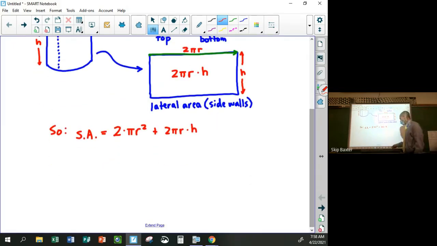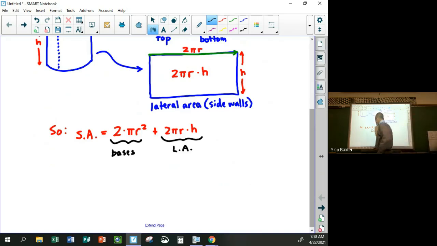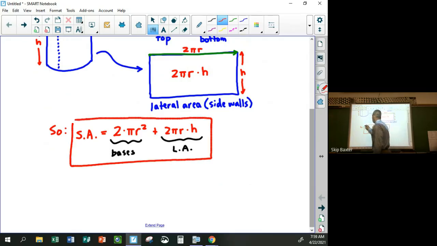So this first part of the formula is the top and bottom, bases. And the second part is the lateral area, 2 pi r h. Okay? That's the formula you need to know for cylinders when you're calculating surface area.